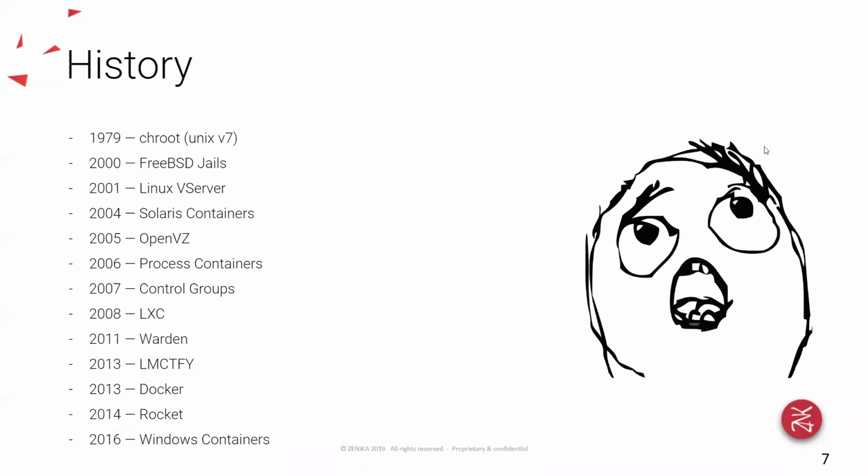Then we have Windows containers in 2016. Even though the support for Windows is not that nice, it's wonky. I use a Windows computer myself and it's annoying to work with Docker. But now with Windows Subsystem for Linux 2, WSL version 2, it's quite seamless.